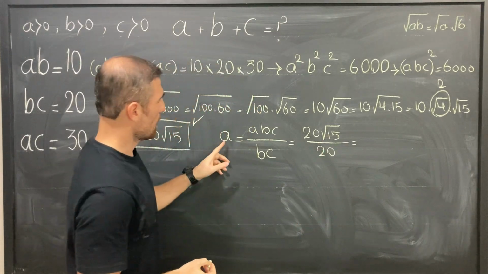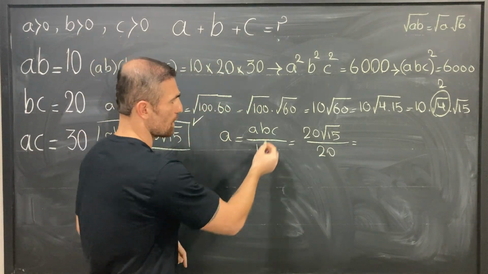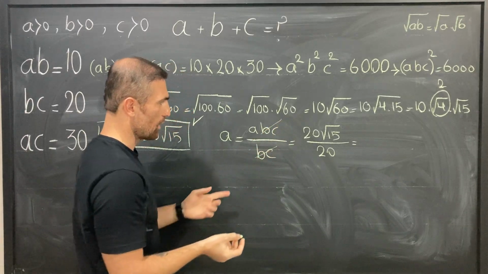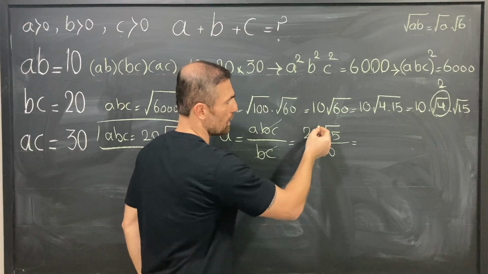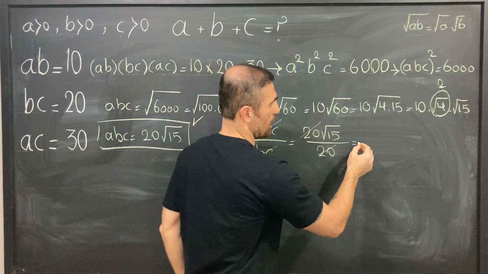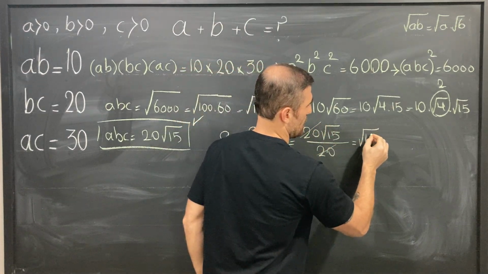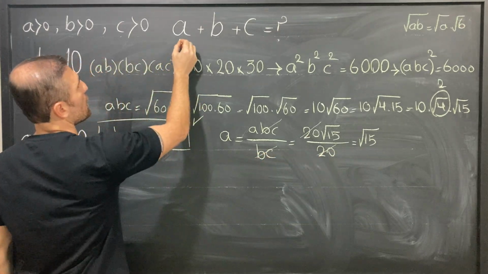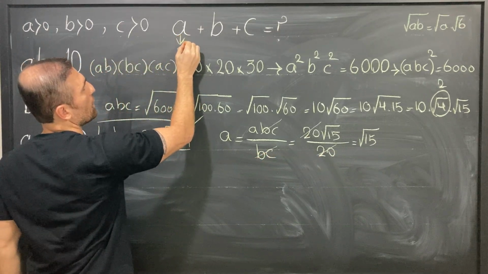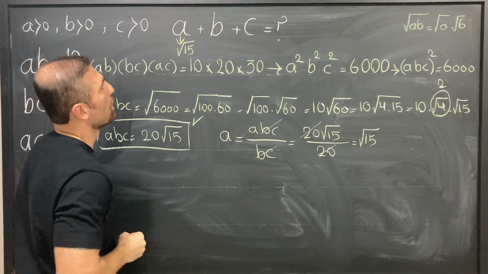So, now a equals abc over bc. This bc cancels off. So a equals 20 square root of 15 over 20, this 20 cancels off. The answer is square root of 15. So the value of a is square root of 15. Let me write it here.